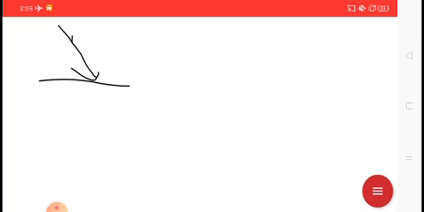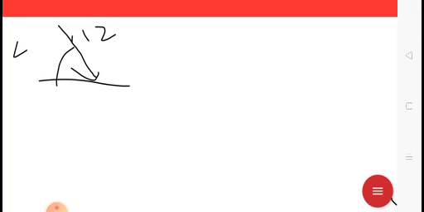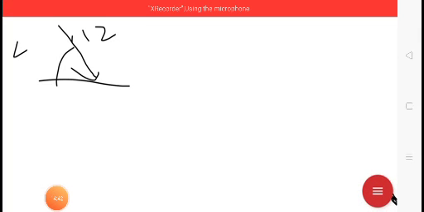So the ball comes from this direction, hits a smooth horizontal surface at an angle of 75 degrees with speed 12.